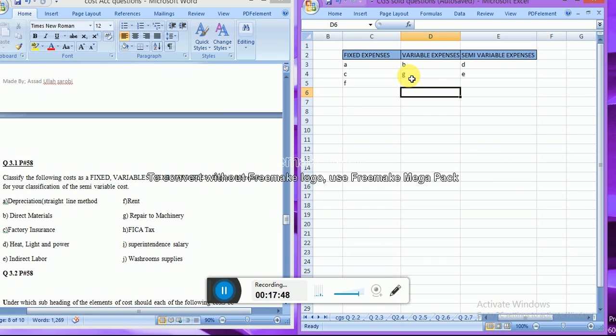Up to a certain amount it has a fixed rate, and when it exceeds that amount, the tax rate also changes. So FICA tax has both the quality of fixed as well as variable. So that's why we put the FICA tax in the semi-variable category.